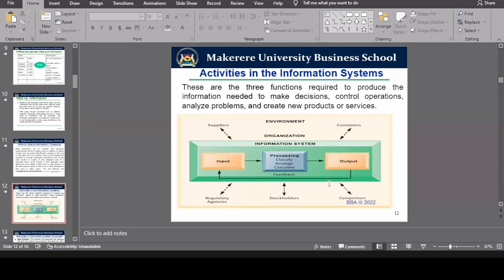In the input, you can have from the environment, you have suppliers, regulatory agencies, and you'll find that in the process of managing this data, there are 3 areas that we consider. There's what we call the inner circle. That is where the organization is. We consider the outer circle, where you look at the immediate environment.